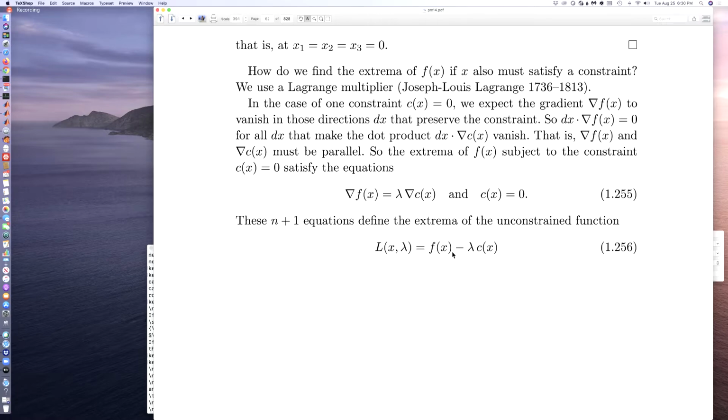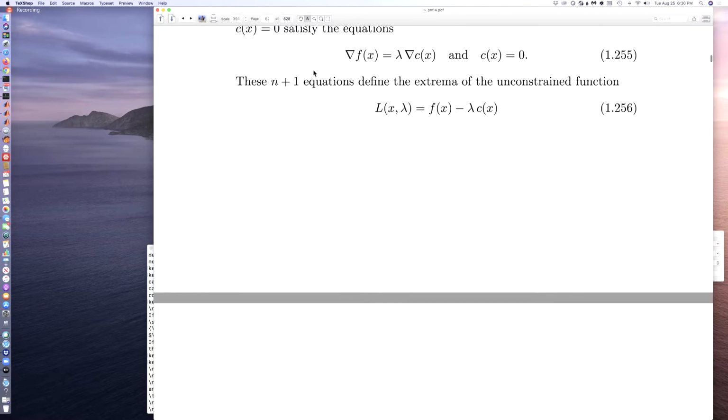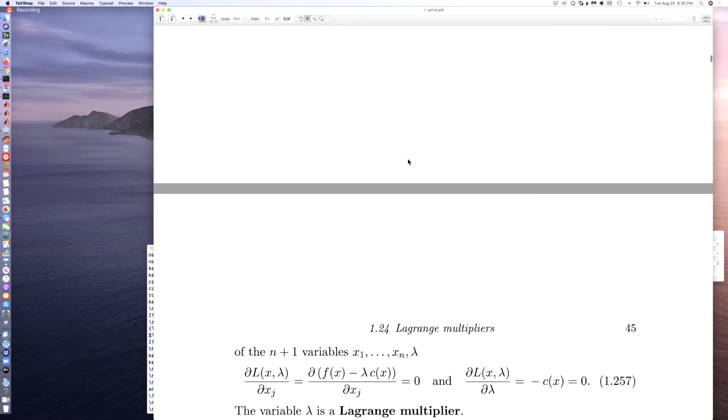It's the original function minus an arbitrary parameter times the constraint. Now if x has n components, then L is a function of n plus 1 variables.